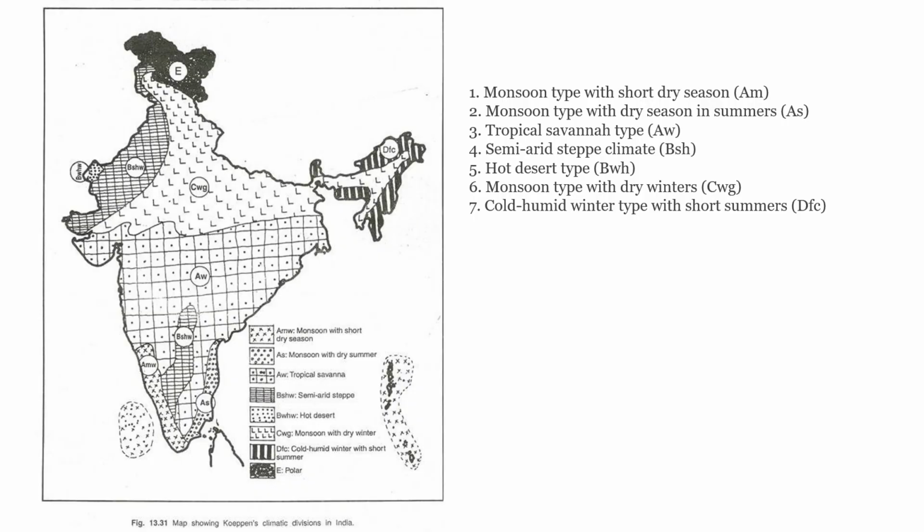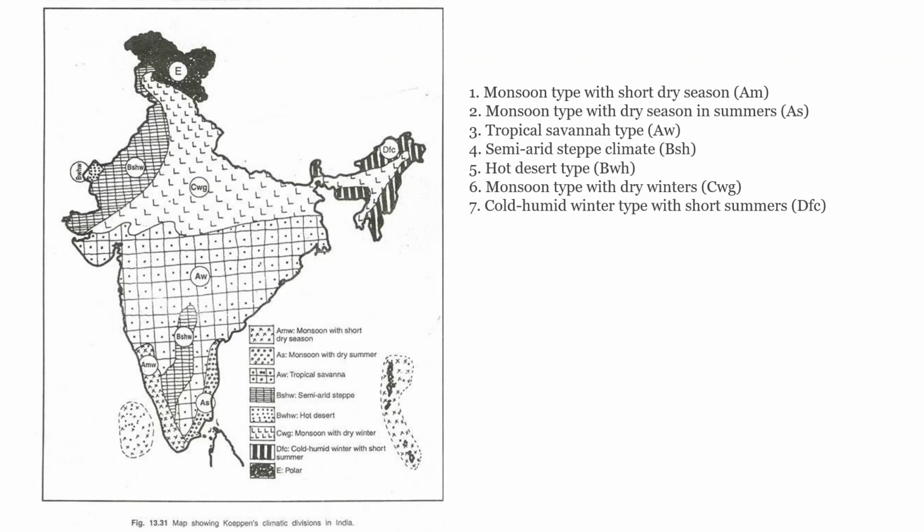In India, we find these 7 types of climates, which include monsoon type with short dry season, that is AM. Then monsoon type with a dry season in summers, so it is a dry summer AS. And then tropical savanna type AW means dry winters.